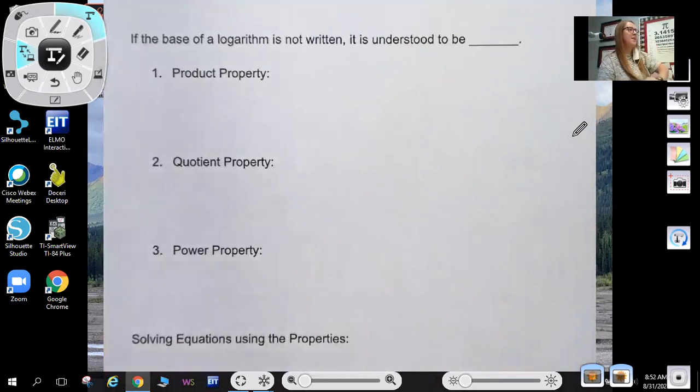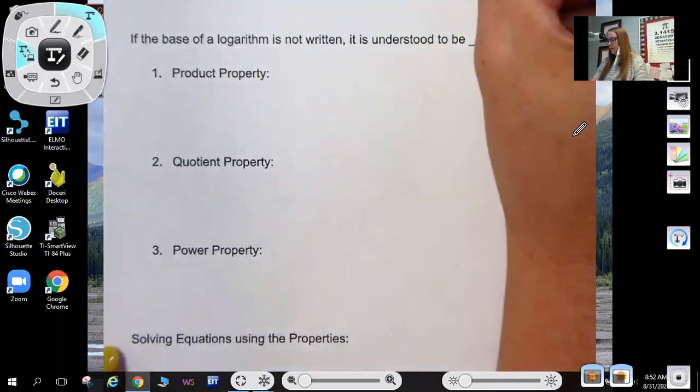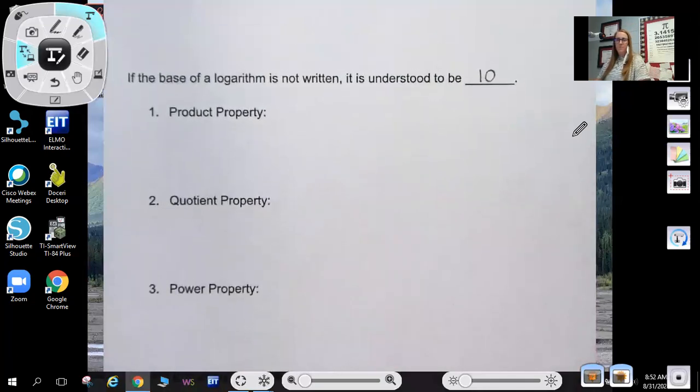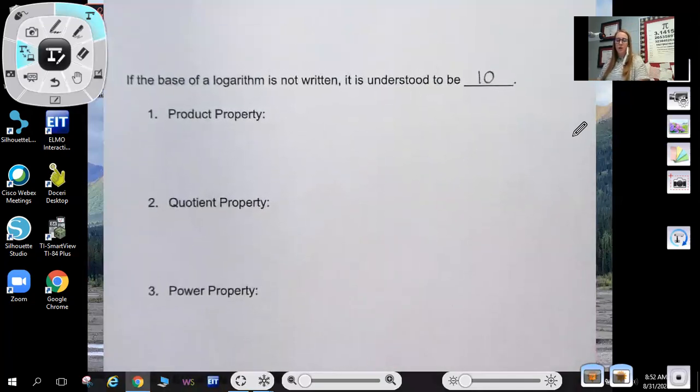All right, back side of the notes. If the base of a logarithm is not written, it is understood to be 10. So up until now, in all of the logarithms, you've had a base written.